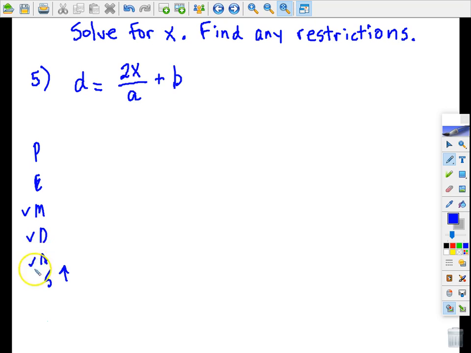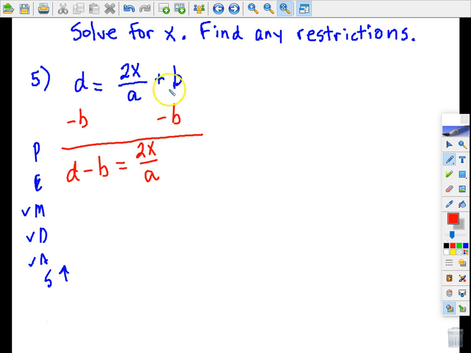As we come to them, let's undo the addition first. What is the inverse of addition? Well, that is subtraction. So I'm going to show subtract b from both sides. d minus b is equal to 2x over a. Remember, those would just make 0.